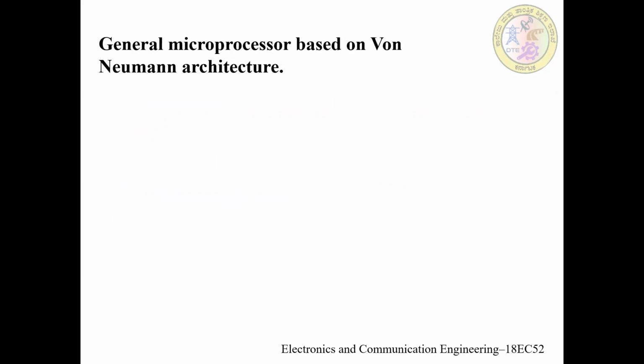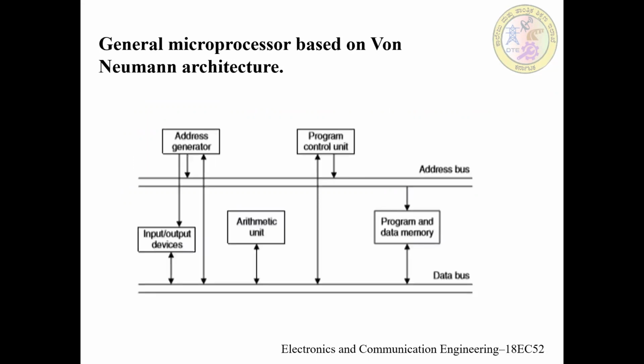First, if we consider the general purpose microprocessor, it is based on von Neumann architecture. This shows the von Neumann architecture, which was developed by the scientist John von Neumann with others in 1946.